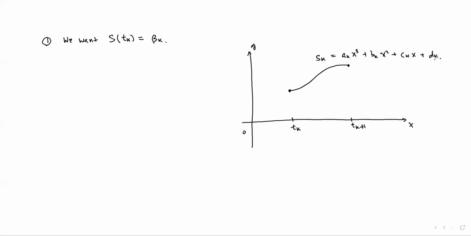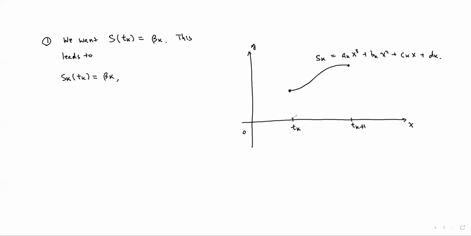Because we want S at t_k to be beta_k, this leads to the following equations. S_k at t_k should be equal to beta_k. You agree?